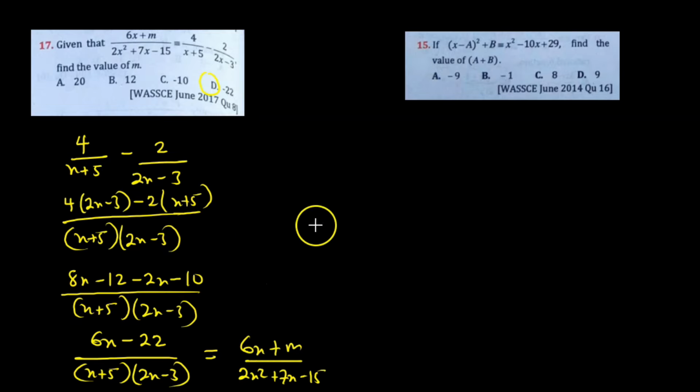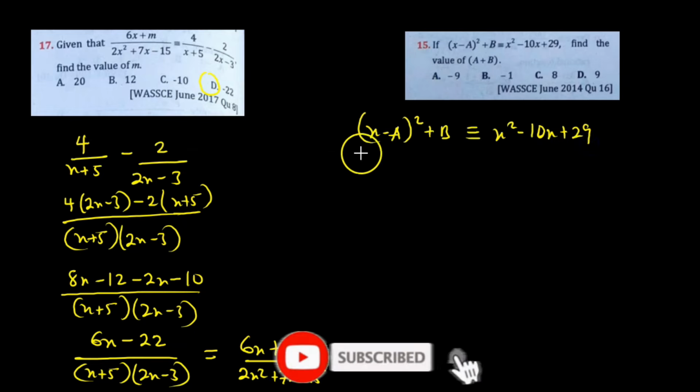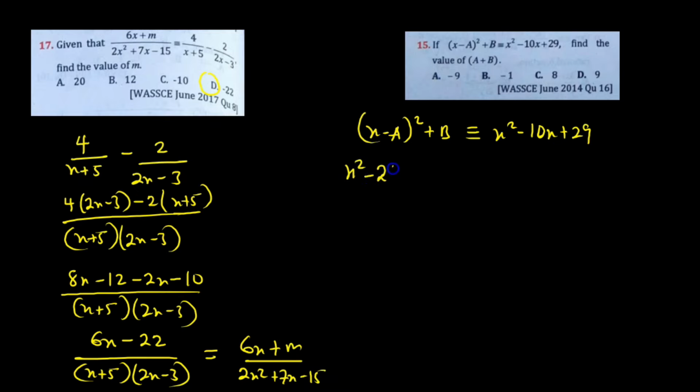Going to question number 15. It is similar to what we just did here. So it's all about expansion, simplifying, and comparing. When we expand x minus a all squared plus b, which is equivalent to x squared minus 10x plus 29, we are going to get x squared minus 2ax plus a squared.